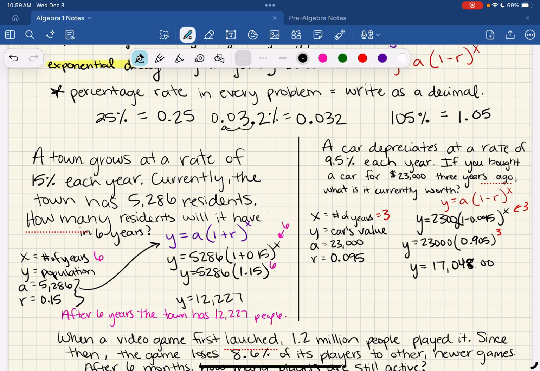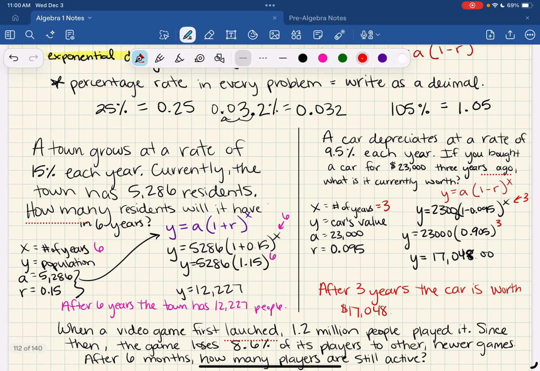Good, so what does this mean? After 3 years, the car's worth how much? $17,048. Any questions?